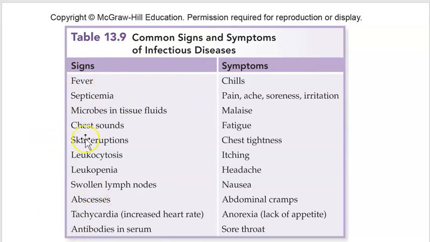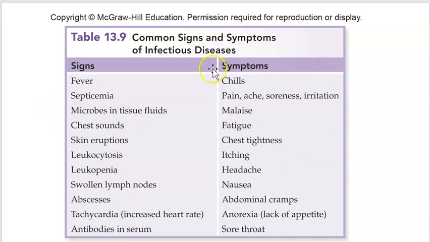But the distinct difference between signs and symptoms, other than the way they're spelled, is that signs are things that we can actually observe and measure. So you can definitely measure something like a fever. You can measure the presence of bacteria in your blood or in your tissue fluids.